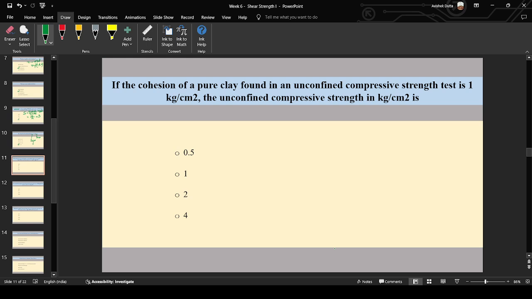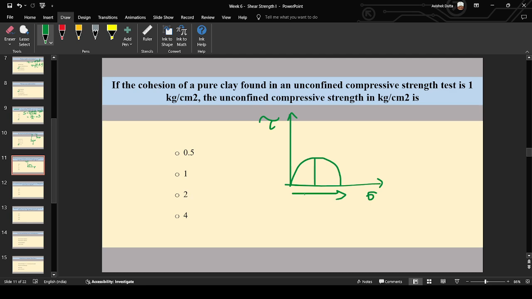If the cohesion of a pure clay in an unconfined compressive strength test is 1 kg per centimeter square, I've already drawn the diagram, but still I'll explain again. In the case of the unconfined compression test in saturated clays, this is the diagram of the Mohr circle.